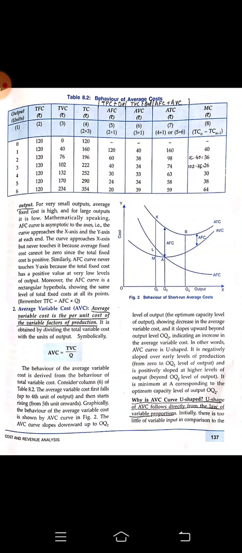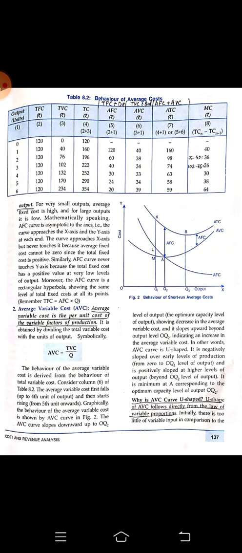Other than this, we have to notice the behavior of AFC. You can see AFC gradually decreasing from 120 to 60, continuously decreasing to 20. That means in column number 5, the more the output, the more AFC keeps decreasing.